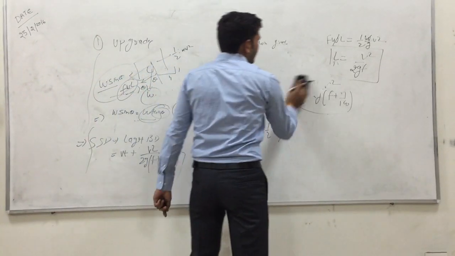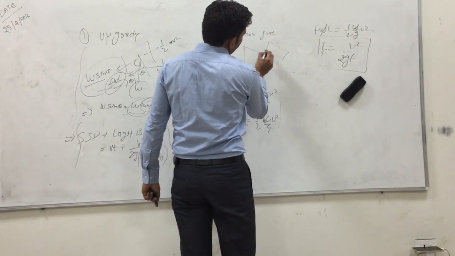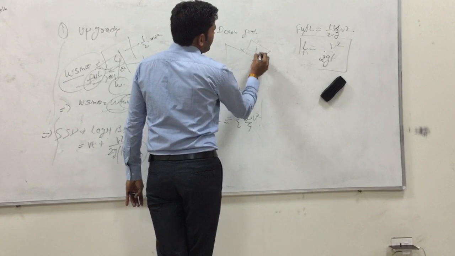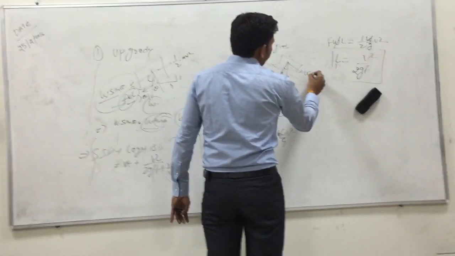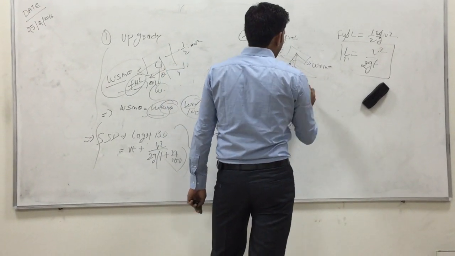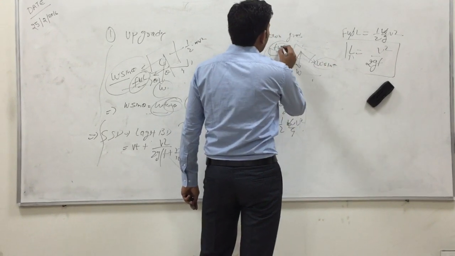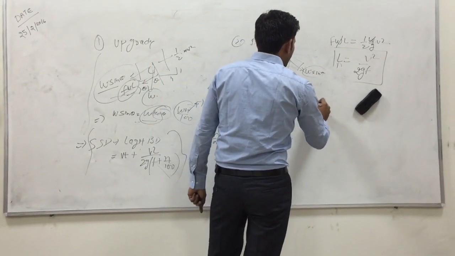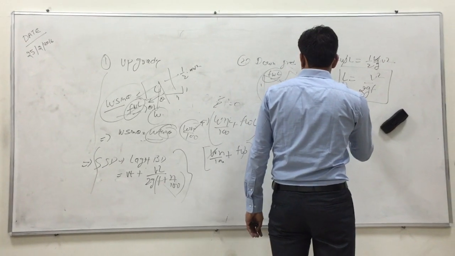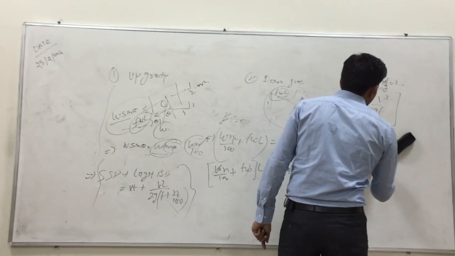Now similarly, if we are going on the downgrade, W, but in this the friction forces are in the opposite direction, as W sin theta and f W L. So after solving this equation, if we equate W sin theta with f W L, then we finally get that L is equal to V square by 2 g f minus n by 100.